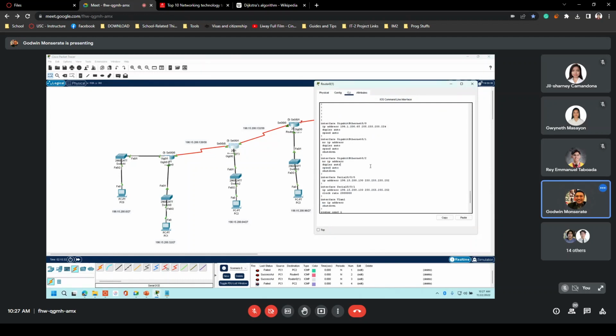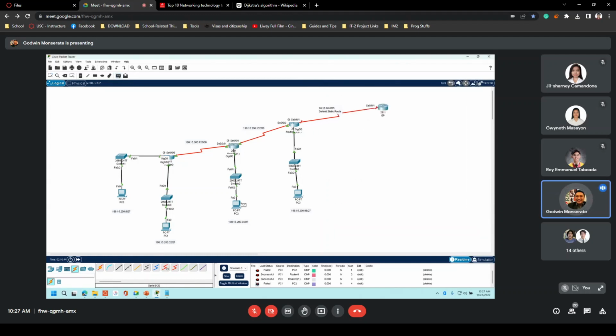Okay? So, in T0 to 0, IP address 198.15.200.65, 255.255.255.224 enter. So, this way, ping siya dire, kaping sila dire. Okay? So, wala na yung problema.